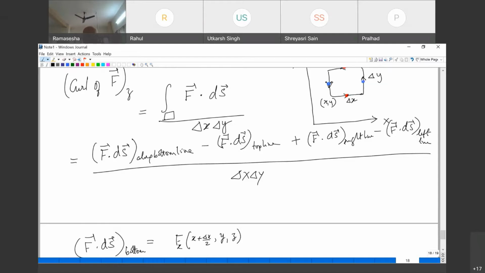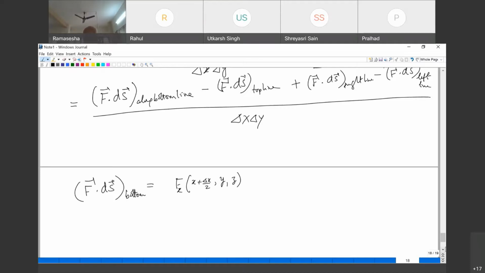So I have Fx at x plus delta x by 2, y, z, times delta x, minus Fx at x plus delta x by 2, y plus delta y, z, times delta x. That will give me minus of delta Fx by delta y times delta y delta x, right?